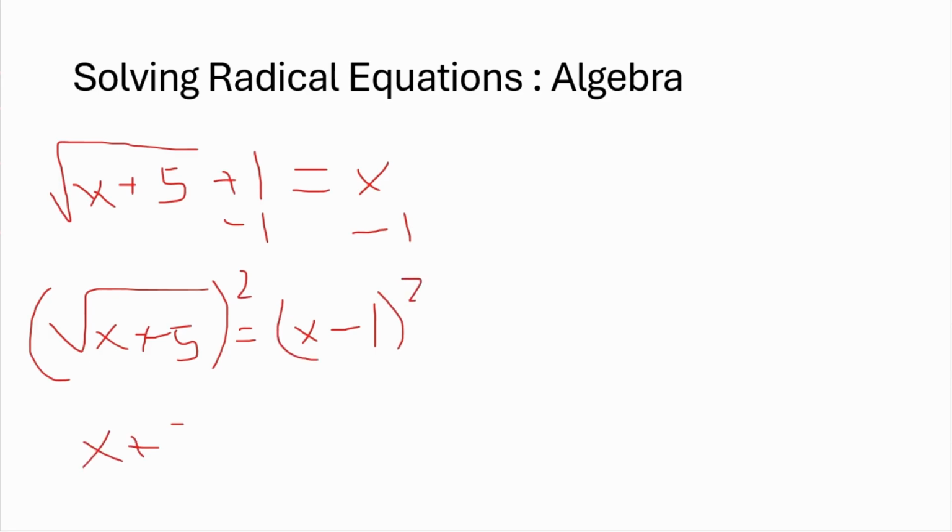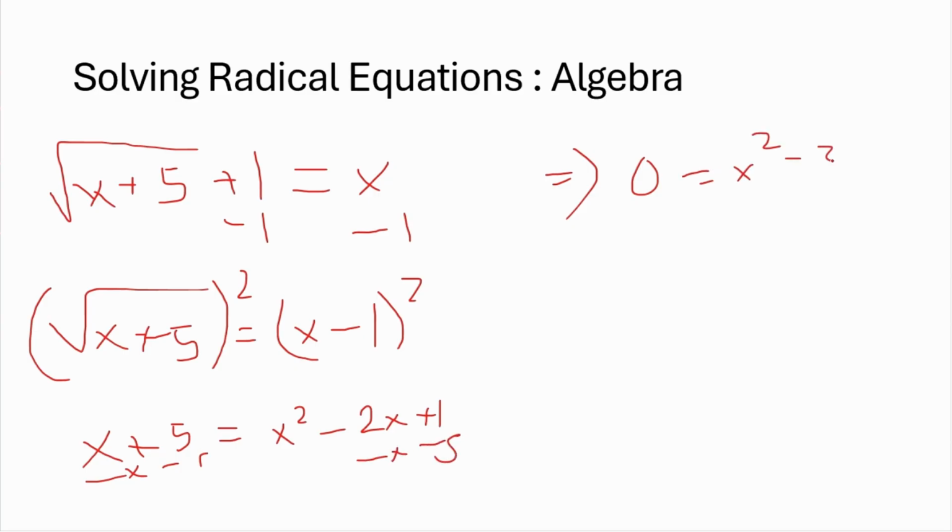You get x plus 5 equals x squared minus 2x plus 1. Okay? And now it's just a normal quadratic. So minus x, minus 5, minus x, minus 5. 0 equals x squared minus 3x minus 4.